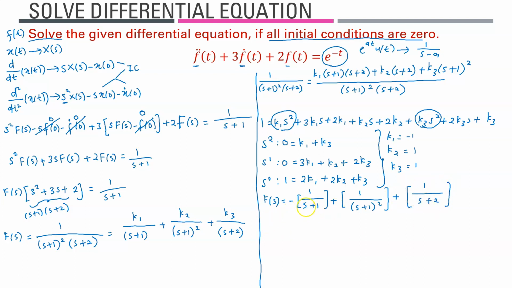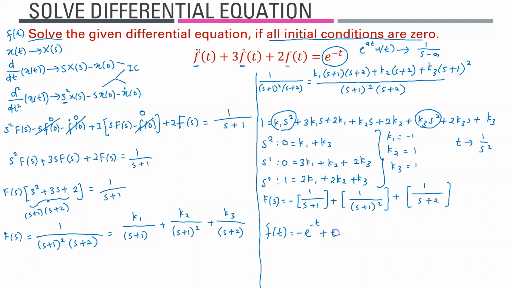Okay, so if you do the inverse Laplace transform of this individually, you will have f of t equals minus e^(-t), this one being the exponential, plus this one, which is similar to t. The Laplace transform of t is 1 over s squared. However, here you have frequency shifting by minus 1.